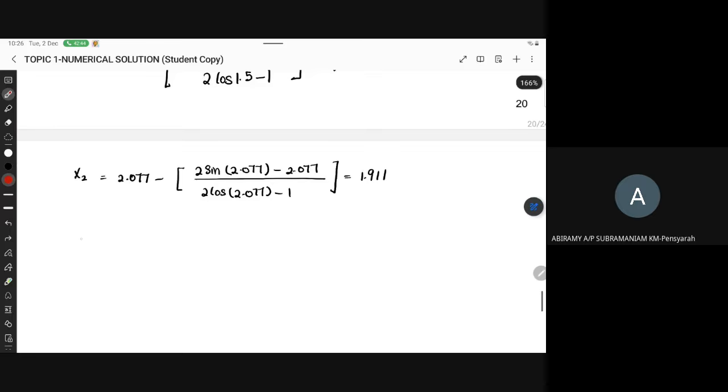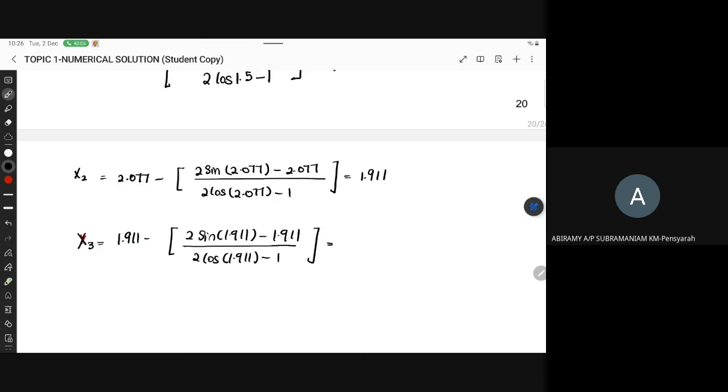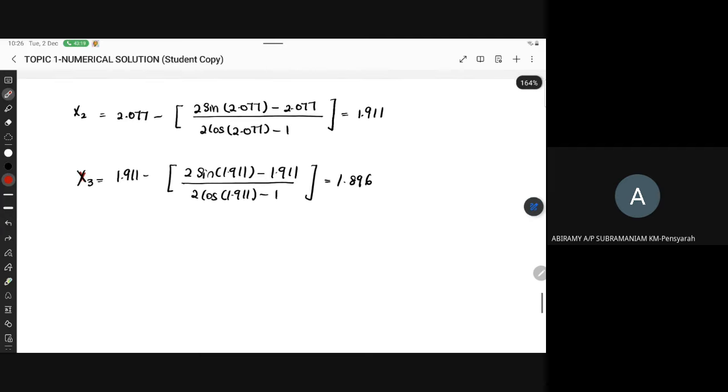So what is x3? 1.911 minus 2 sine 1.911 minus 1.911, divided by 2 cos 1.911 minus 1. When we use 1.911, we will be getting 1.896. There's still a difference from 1.911, so we are still quite far from our root. So we need to continue to x4.